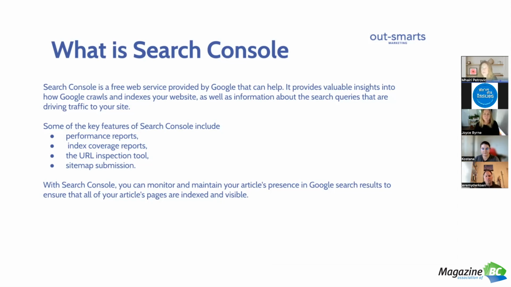It allows you to do things like tell Google that you don't want this URL to show up in the search results. It also allows you to submit what's called your sitemap. So when you're launching a new site, it's really, really good to submit your sitemap to Google, because that tells Google about all the different pages on your site. So Search Console is fantastic.